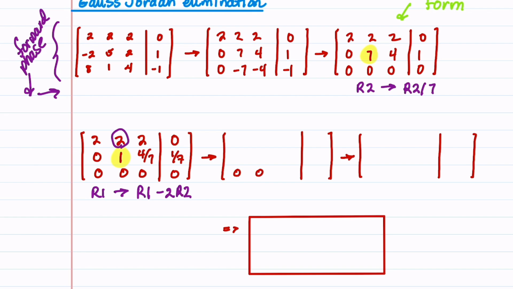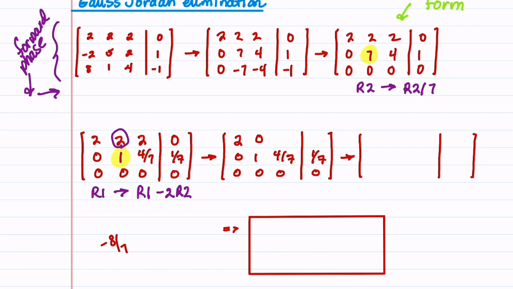So we'll copy down our bottom row, then we'll copy down our second row, and then we'll find our new first row. So the 2 stays the same. And we have minus 2 times 1 is minus 2 plus 2 is 0. Minus 2 times 4 over 7 is minus 8 over 7.